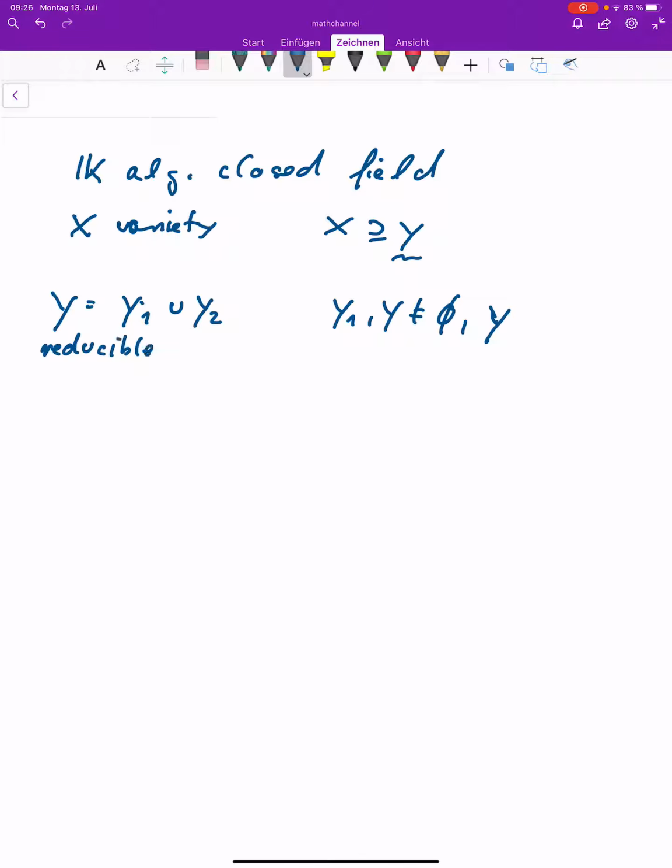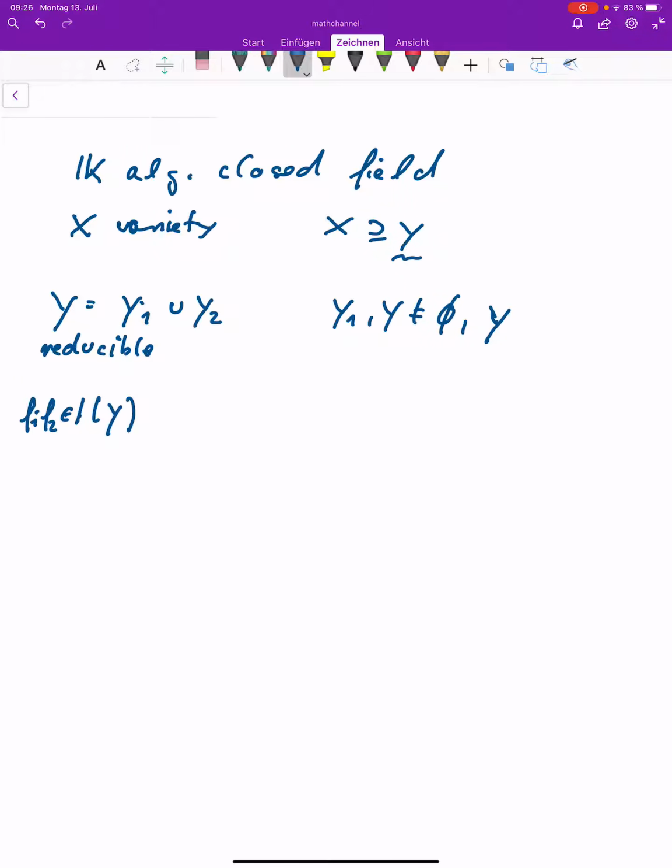And what we're going to see here is that prime ideals correspond to irreducible subvarieties. So let's say we have the ideal of Y, I of Y, and an element of this I of Y is this product f1 f2 of two polynomials f1 and f2.